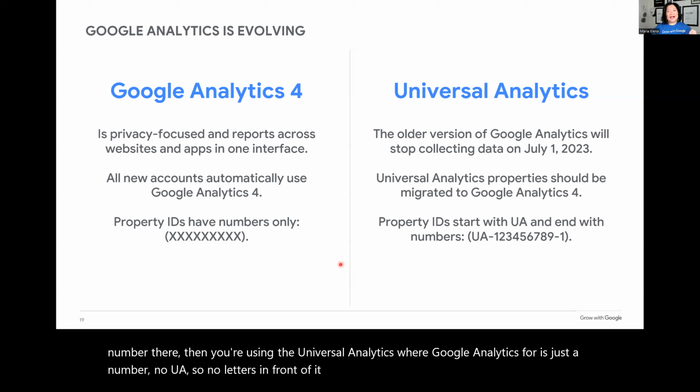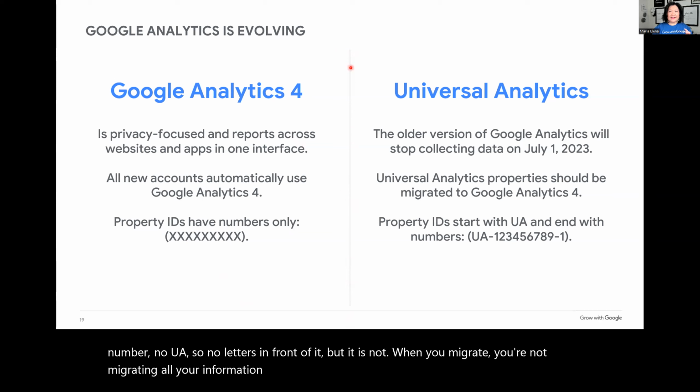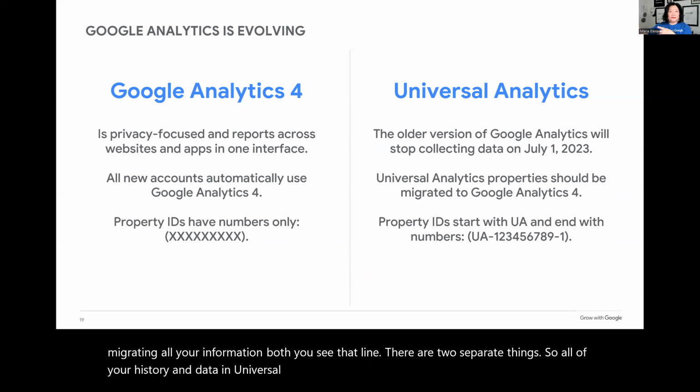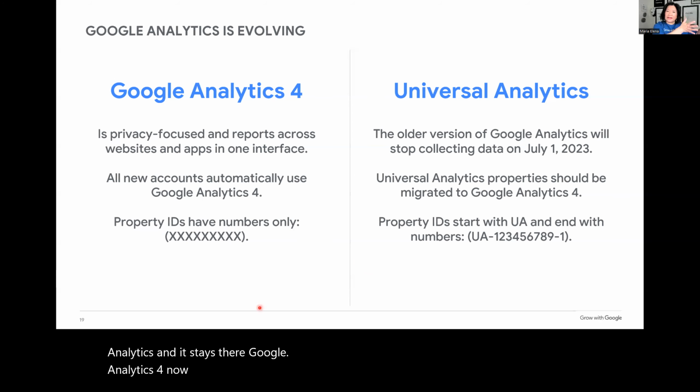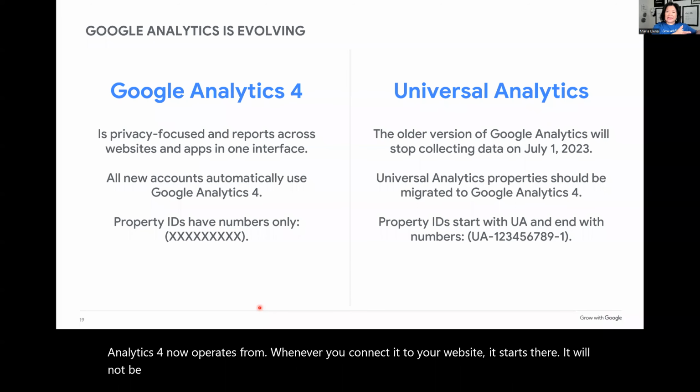But when you migrate, you're not migrating all your information. Both, you see that line there, are two separate things. So all of your history and data in Universal Analytics is just that, in Universal Analytics, and it stays there. Google Analytics 4 now operates from whenever you connect it to your website. It starts there. It will not be able to look at historic data back from 2020 or 2019.